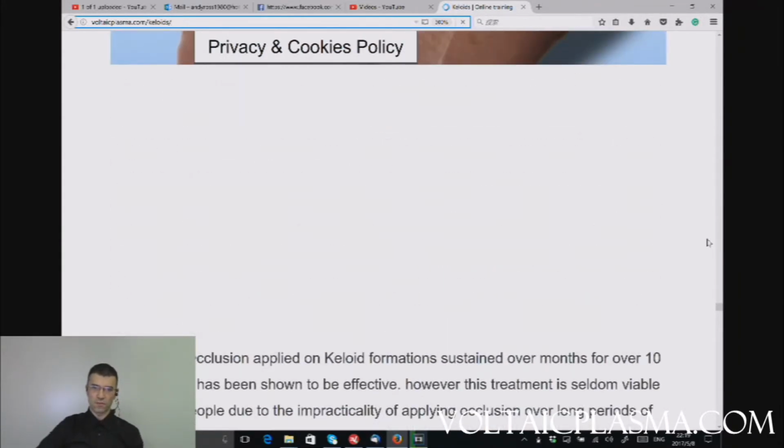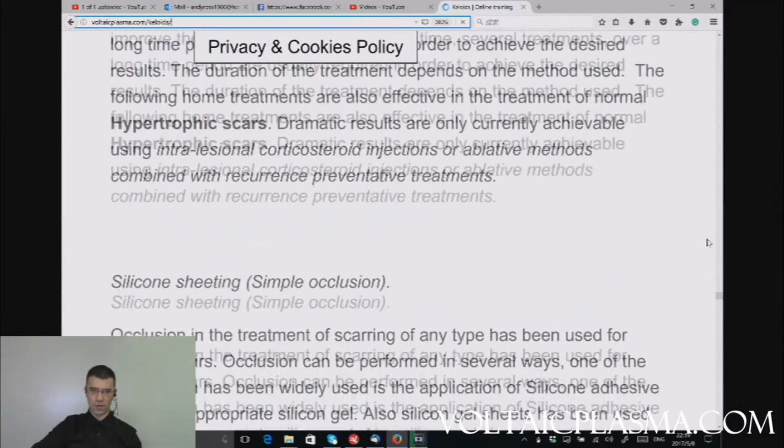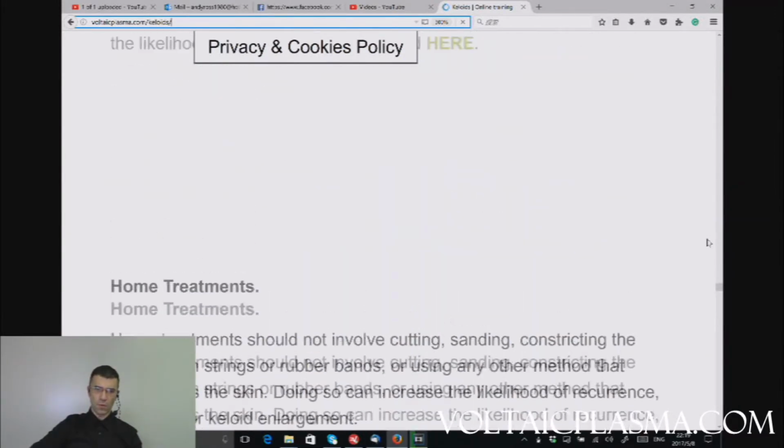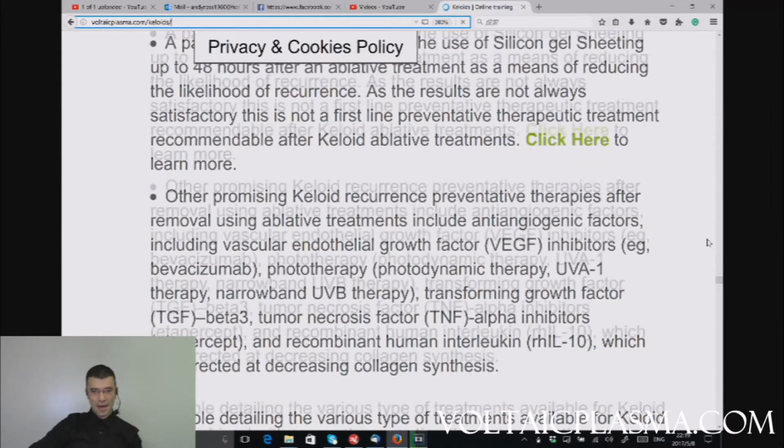Also, the other treatments for keloids are cutting them using a scalpel, burning them off using lasers, voltaic arcing, and so on. So there's a number of ways to treat keloids. One of the main differences between trying to get rid of keloids and hypertrophic scars is that keloids can grow back.